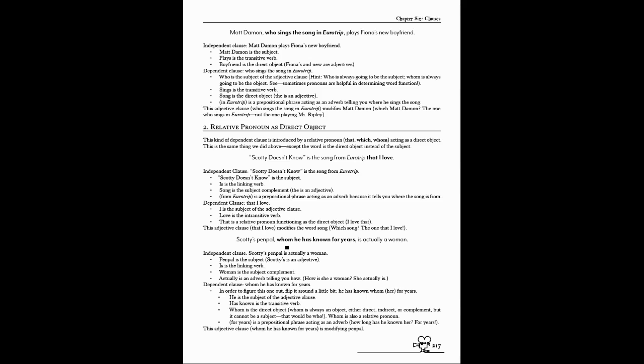Who is always the subject, whom is always the object. So whom he has known for years, because he has known whom for years. For years, prepositional phrase, we're going to ignore it. But that is a relative pronoun acting as the direct object, both of these that's and whom's. So they can be subjects, but they can also be objects.